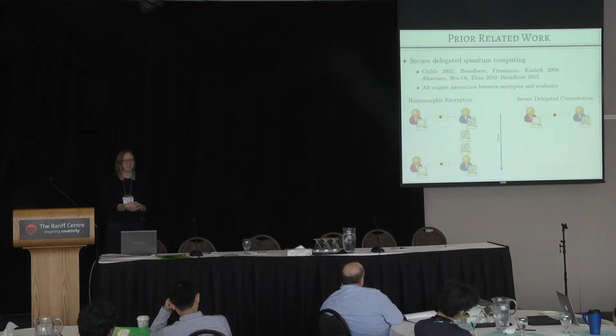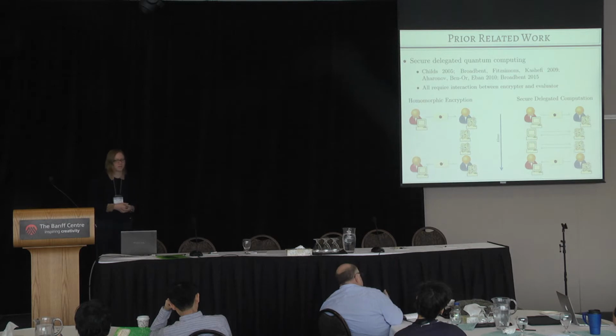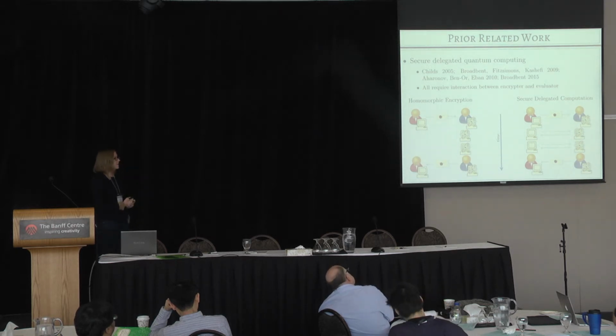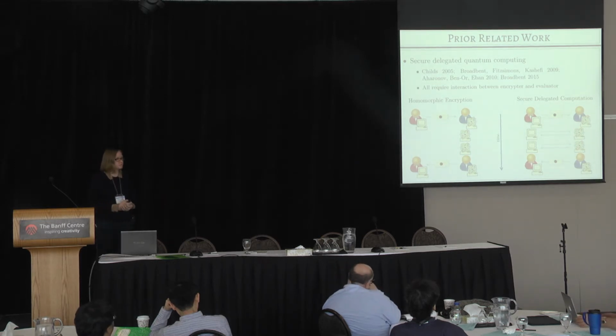But in the setting of secure delegated computation, in contrast, while Bob is performing his quantum computation, he has constant interaction with Alice. So that's one of the major differences between our setting and secure delegated quantum computing, is that we don't allow interaction between Alice and Bob, aside from initially when she sends her input and when Bob returns the output.